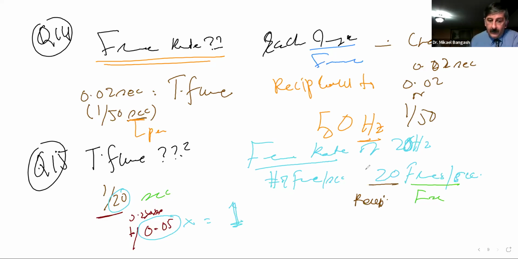This whole thing is a reciprocal of this, so it comes out to the same. When you multiply these two, your product becomes 1.